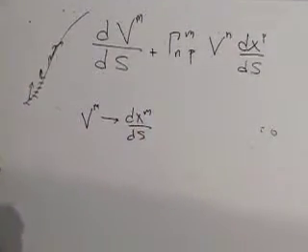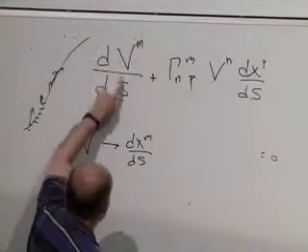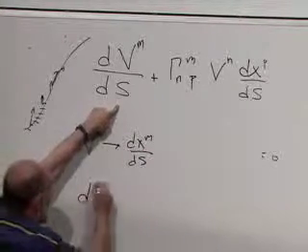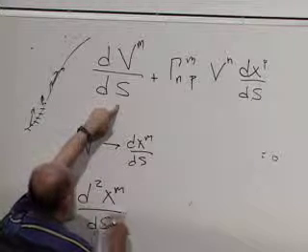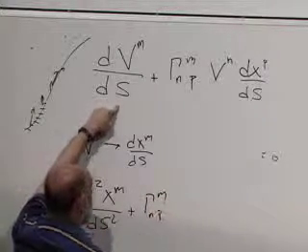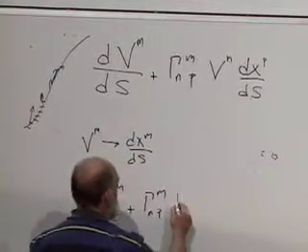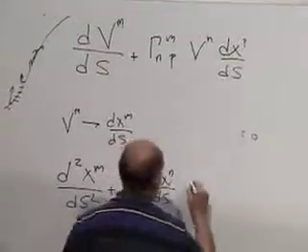In other words, we're going to replace V by the tangent vector itself, and then the derivative of the tangent vector with respect to s becomes a second derivative, d second x m by ds squared plus gamma mnp. Now V is the tangent vector, so that's dx n by ds, and then dx p by ds.